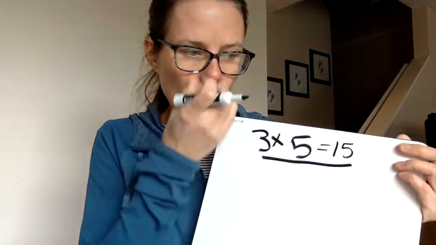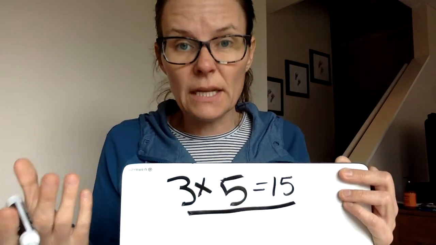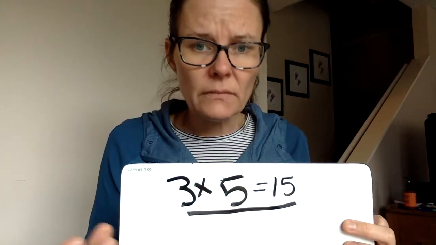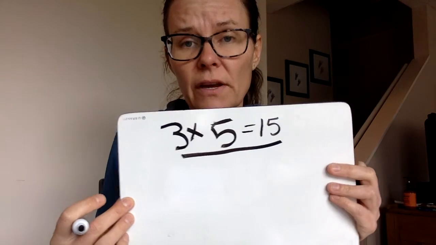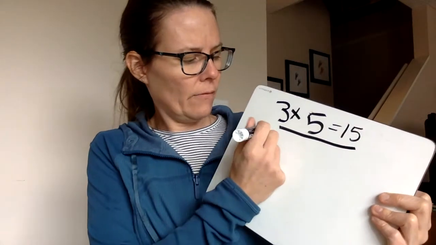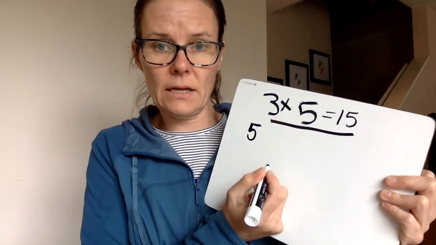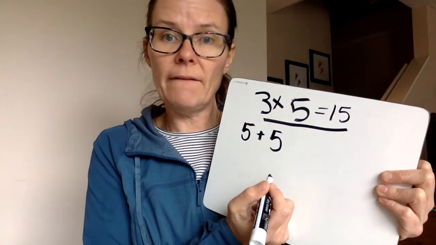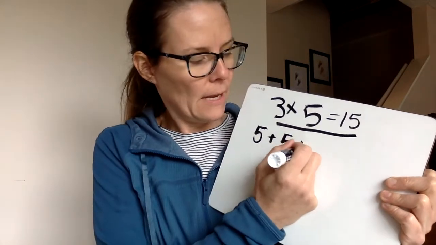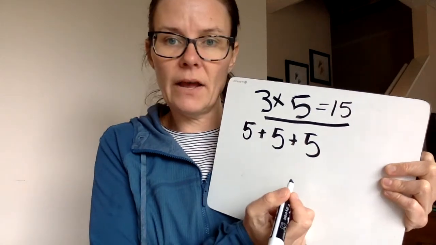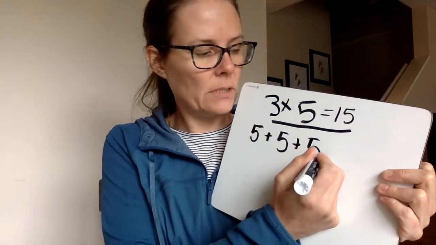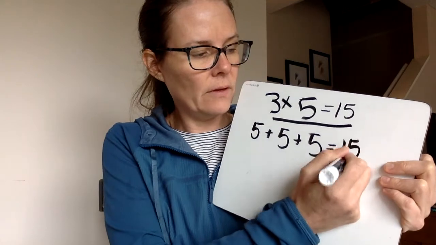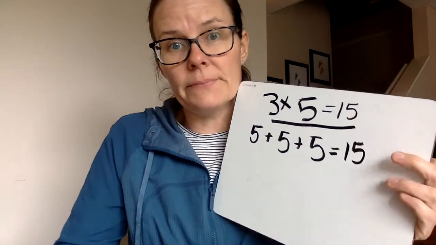Another way to look at this is as a repeated addition problem. Instead of saying I have 3 groups of 5, I could say Everett gets 5 cupcake toppers, and then Elizabeth gets 5, and then Isla gets 5, and that means I need 15 altogether to make sure that everybody gets the same.